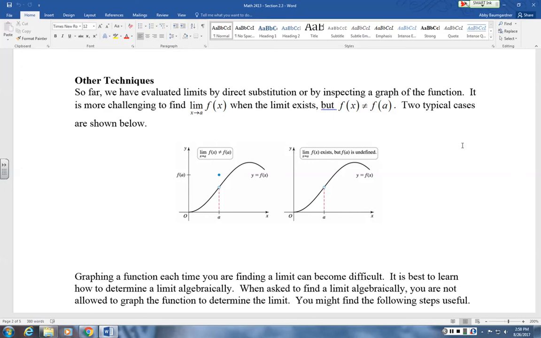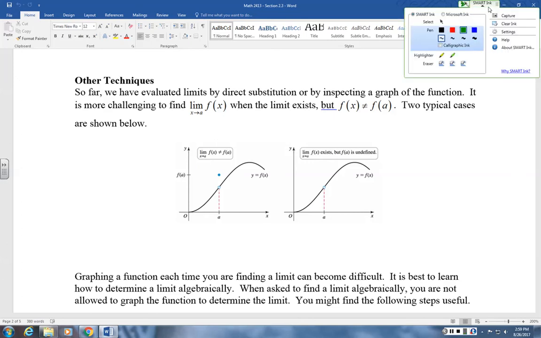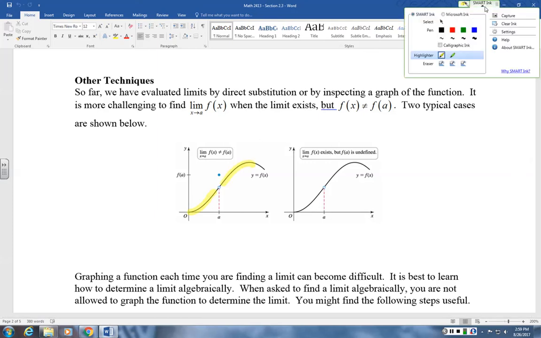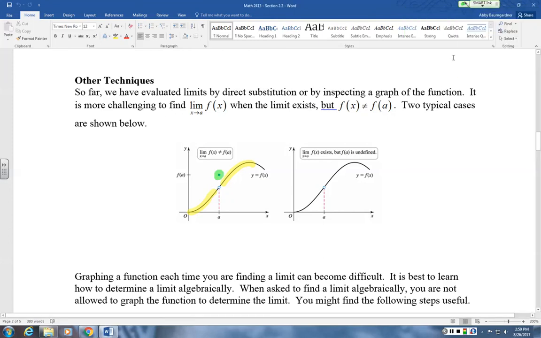What's happening there is, even though the two-sided limit exists, it is not equal to what we get when we actually plug the number into the function. So the two-sided limit exists here because the left side and the right side match up. But when we actually attempt to plug the number into the function, it gives us a different value. We thought it would give us this spot right here, but it didn't. It gave us something else.